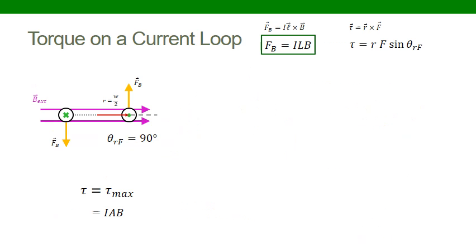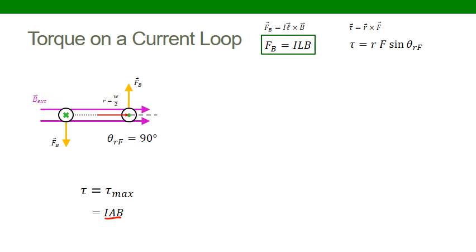So that begs the question, what happens if we have a different orientation? So let's look at an evolution of this loop as it turns. Of course, we started out with the orientation we just solved for. We found that the torque in this orientation is just the current in my loop times the area of my loop times the magnitude of the magnetic field.